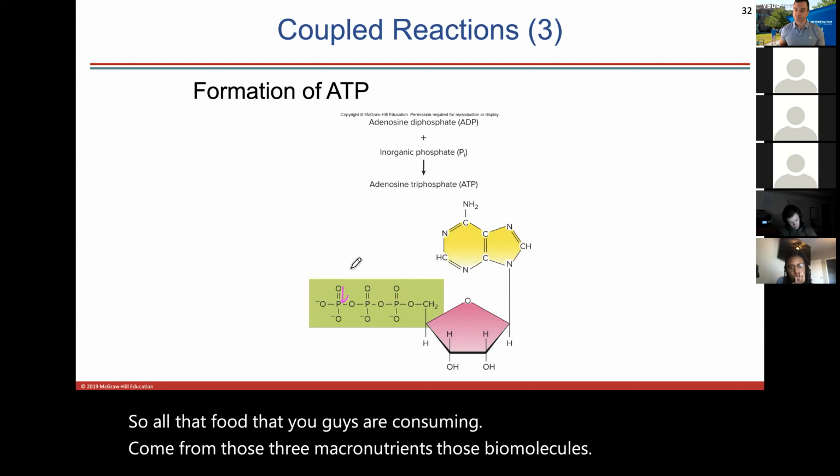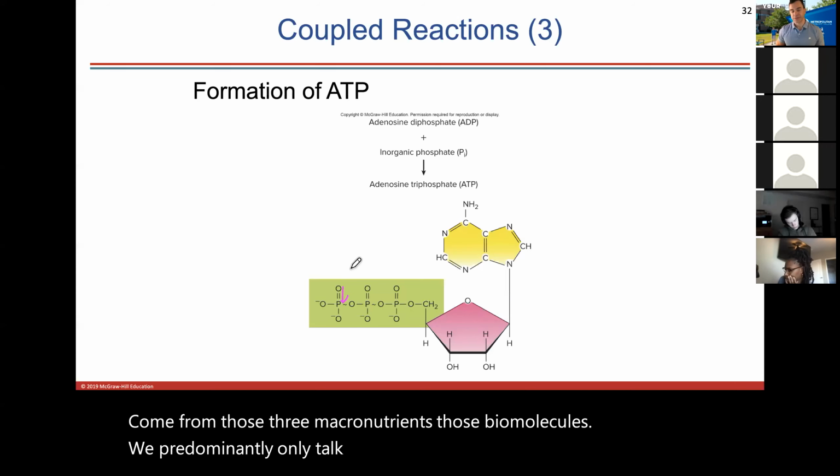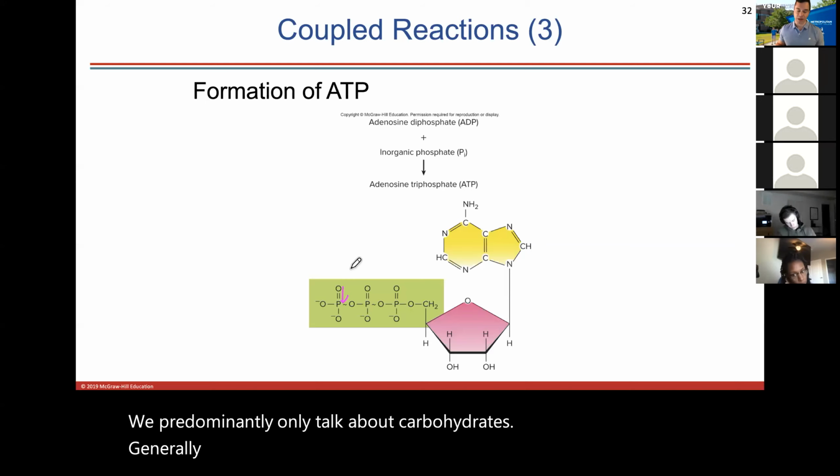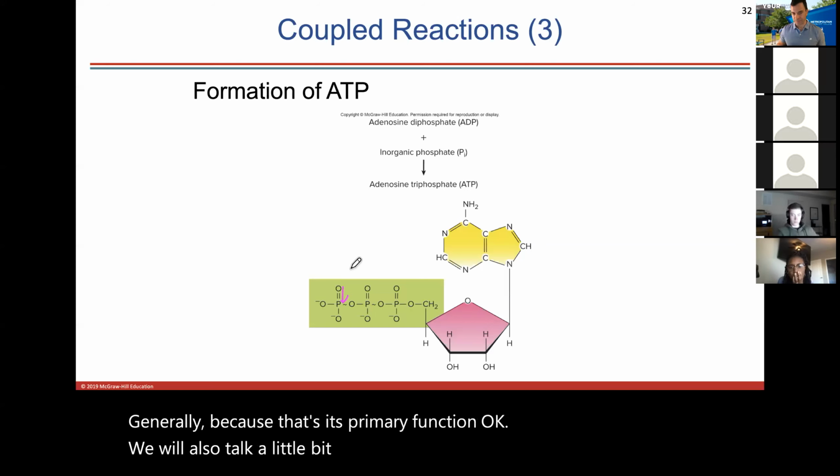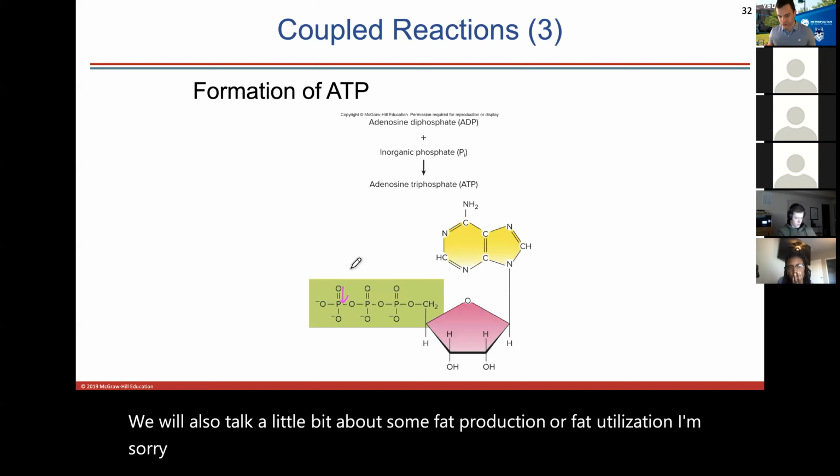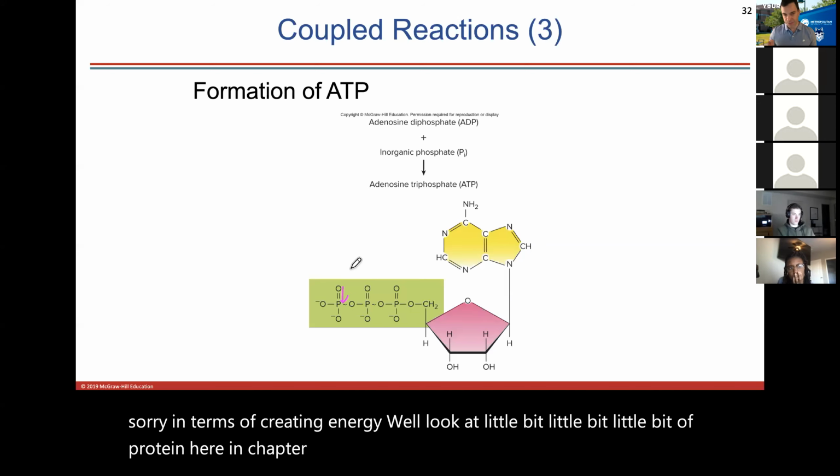We predominantly only talk about carbohydrates, generally because that's its primary function.